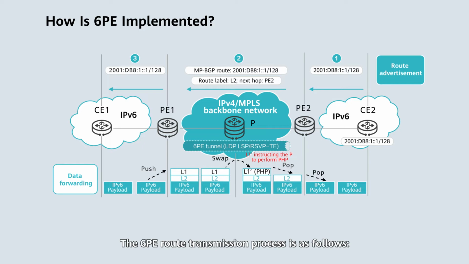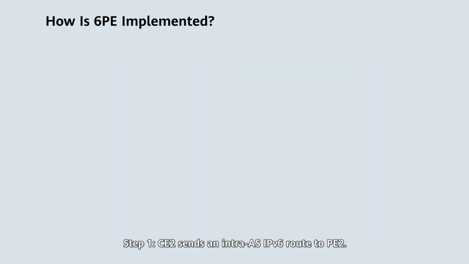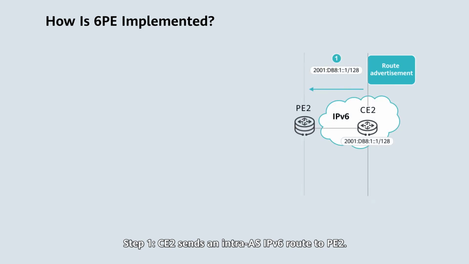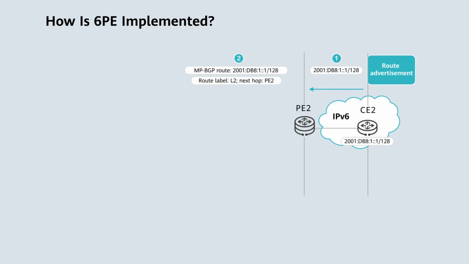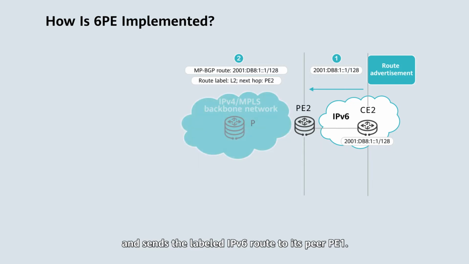The 6PE route transmission process is as follows. Step 1. CE2 sends an intra-AS IPv6 route to PE2. Step 2. Upon receipt, PE2 changes the next hop of the route to itself, allocates an inner label to the route, and sends the labeled IPv6 route to its peer PE1.